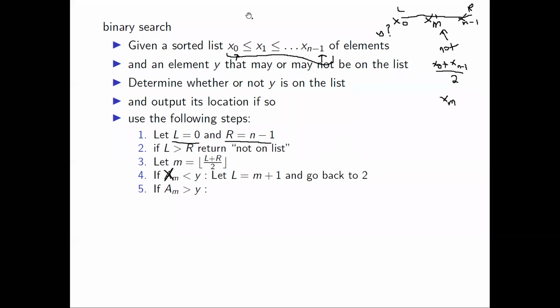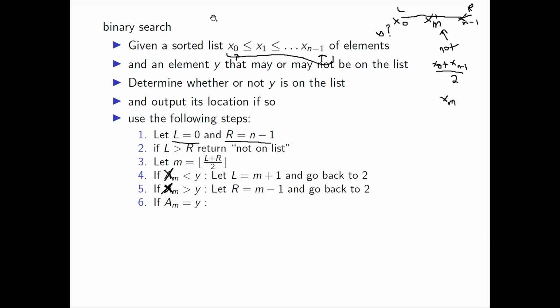Step 5 is similar to step 4, except it's if x sub m is greater than y. That should also be an x. In this case, y is over here, so we want to move the R over. That means we want R to be m minus 1, and again we go back to step 2.